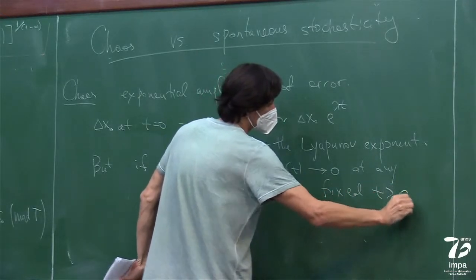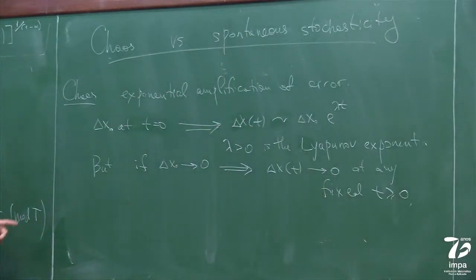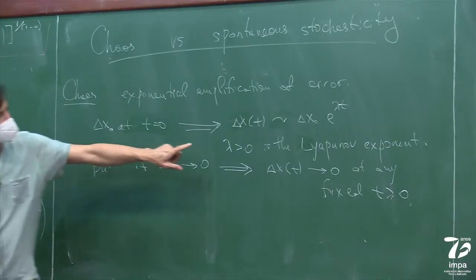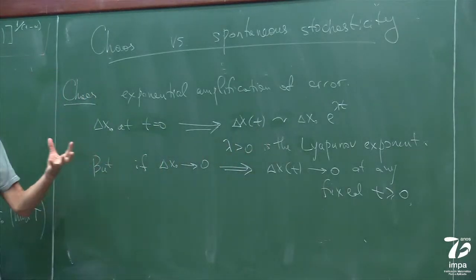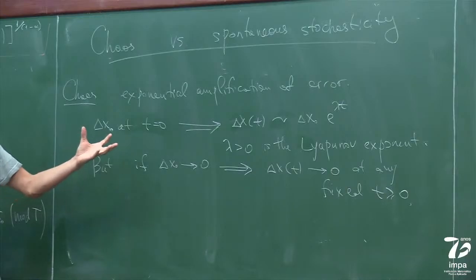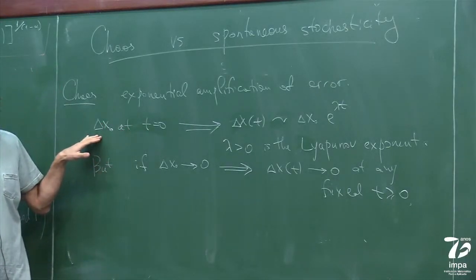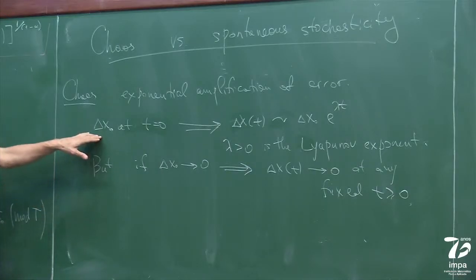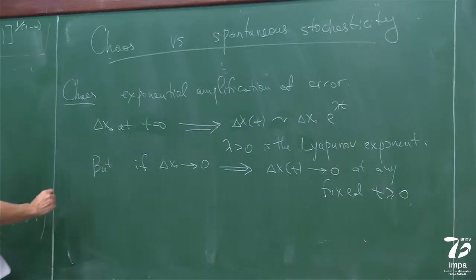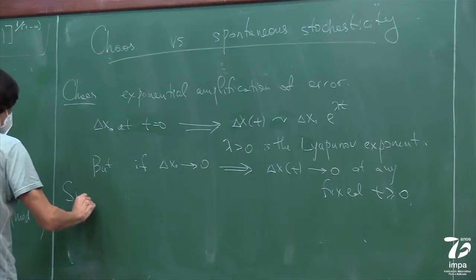So it means that it's really deterministic. If you have an error, it will increase, but still you can get exact prediction by reducing the error enough.